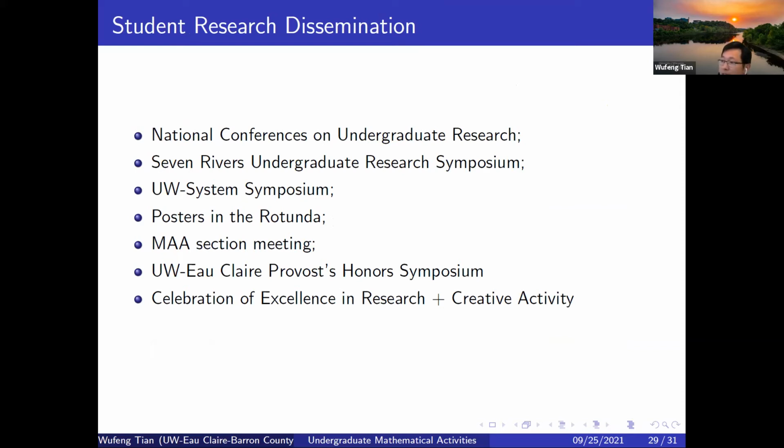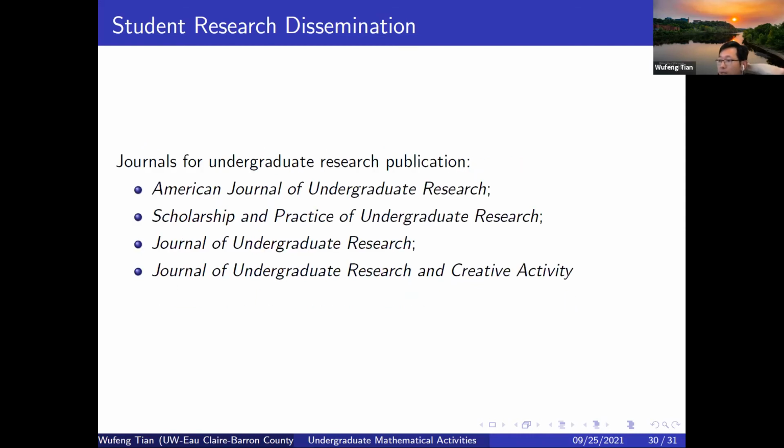I also have students present in the Research in the Rotunda in Madison, the MAA section meeting, and UW Eau Claire's Provost Honors Symposium, and UW Eau Claire will also have the Celebration of Excellence in Research. You can also publish the paper in undergraduate research journals with the students.